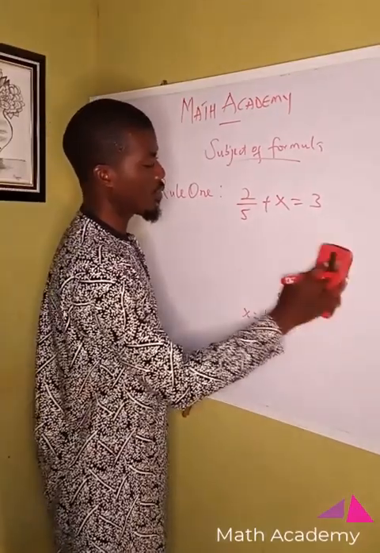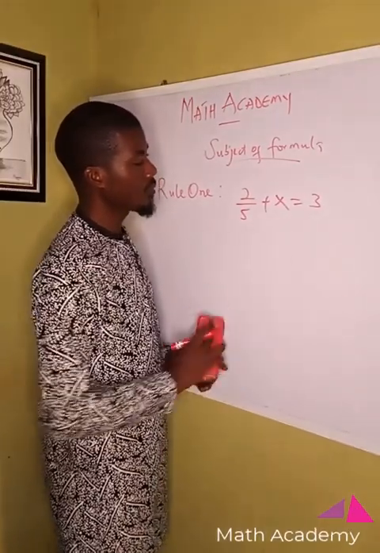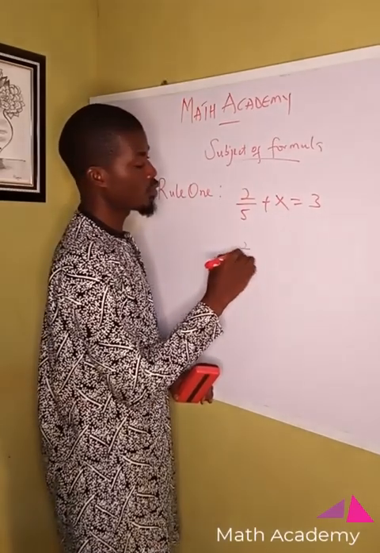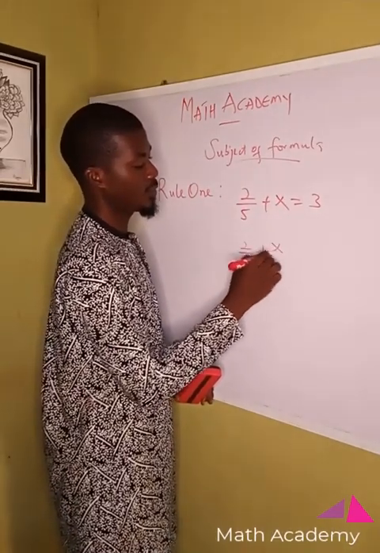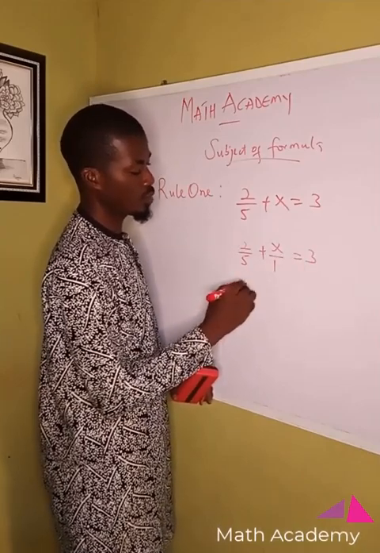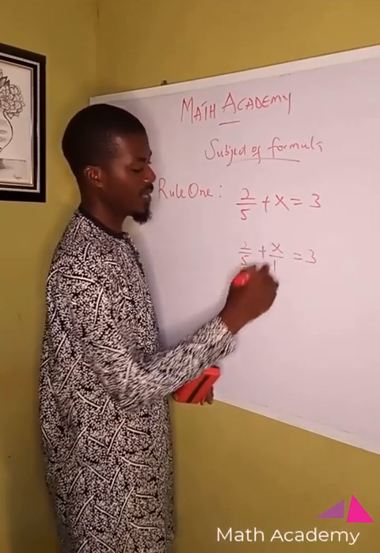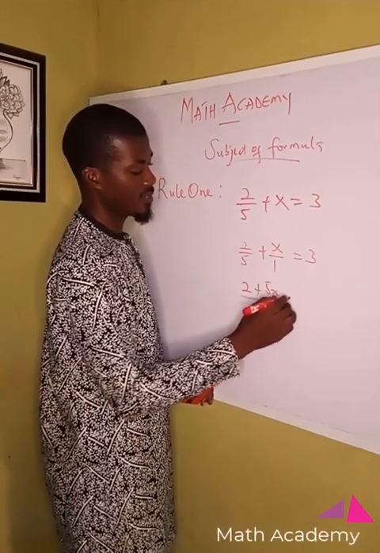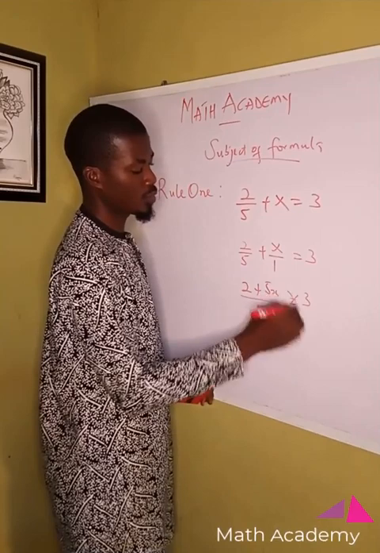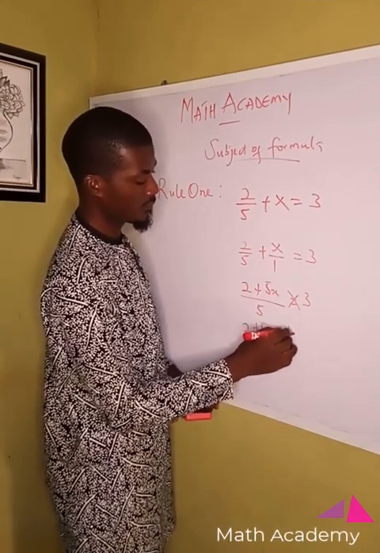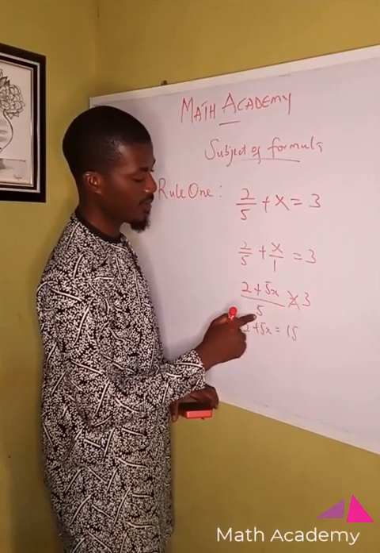If you solve it the other way around, in the form of a fraction, say 2 over 5 plus x, all divided by 1, equals 3. We have 2 times 1, 2, plus 5 times x, 5x, all divided by 5 times 1, 5, equals 3. What you do here is cross multiply. So we say 2 plus 5x equals 3 times 5, which is 15.